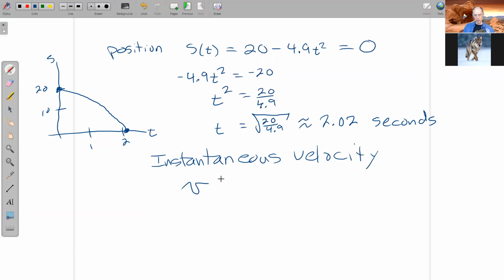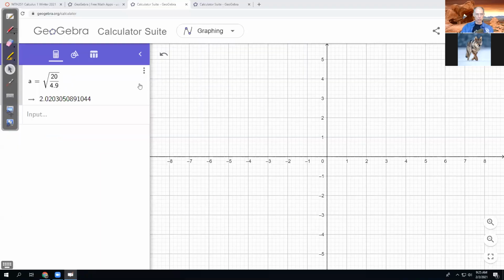And so that would be V of the square root of 20 over 4.9. And beware of plugging in approximated answers, and then rounding once, then rounding again could throw your answer too far off the system. So my velocity function is just negative 9.8 times that square root of 20 over 4.9.